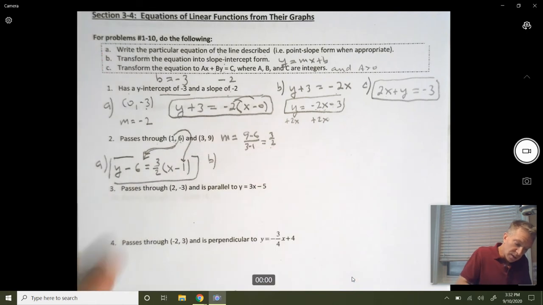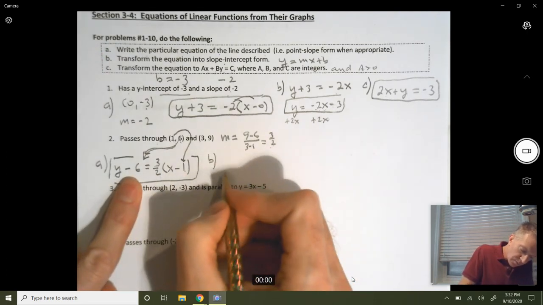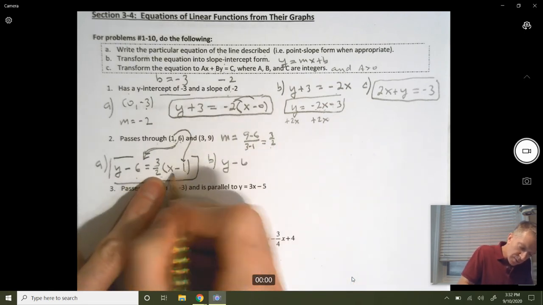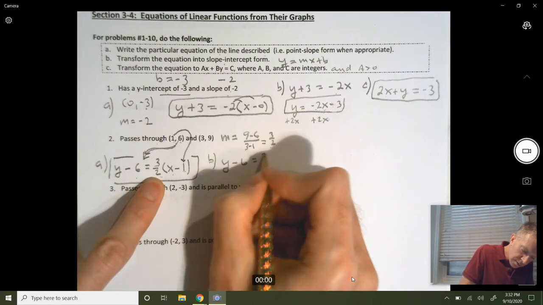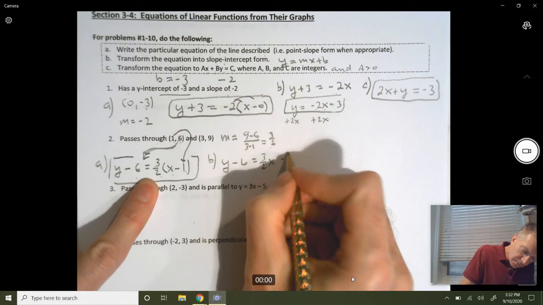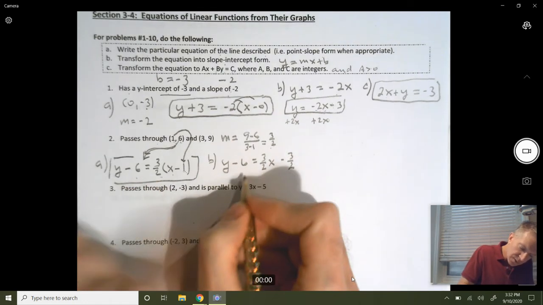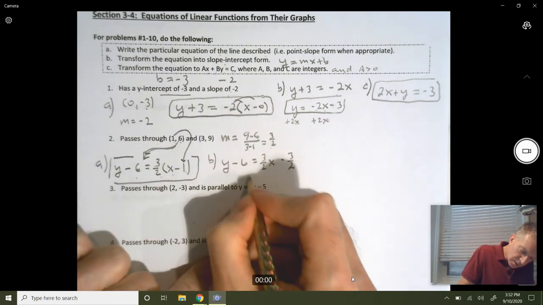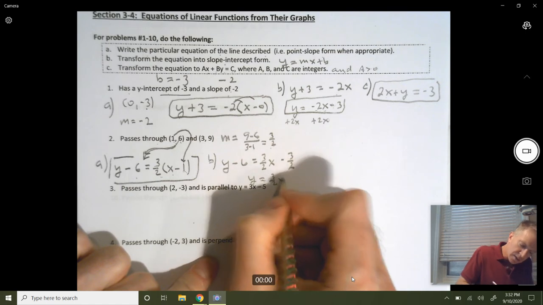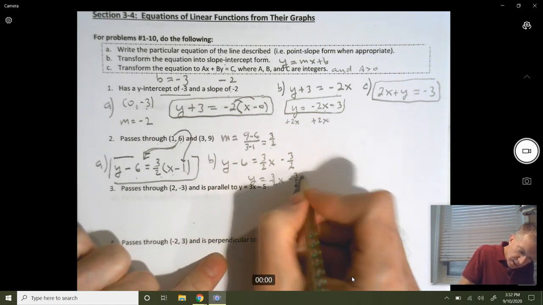Part B. So part B, we're always going to distribute this thing. So we start with point slope form. Y minus 6 on the left. Distribute the 3/2 to both of those terms, x minus 3/2. And then get the y by itself. So add 6 to both sides. So y equals 3/2 x minus 3/2 and then plus 6.